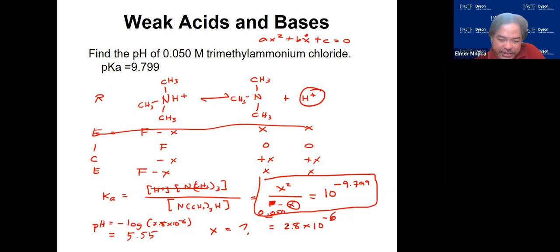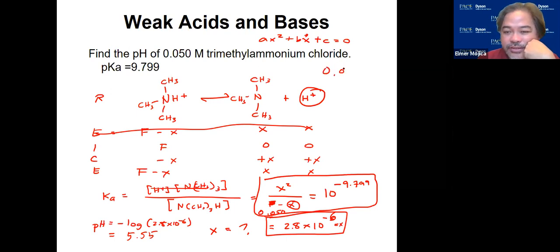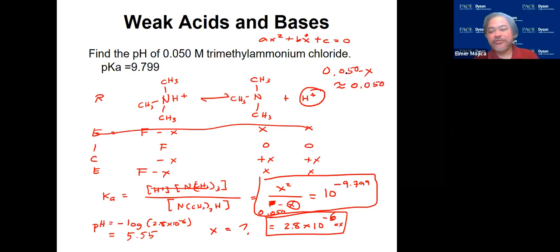Because the value of your X is really small. But that's not always the rule at this level. I don't know if you know what I'm talking about, wherein the 0.05 that you have is just equal to 0.05 that we do during the Gen Chem. Okay. So it just happened here that in this example, the X value that you have there is really small compared to the initial concentration.